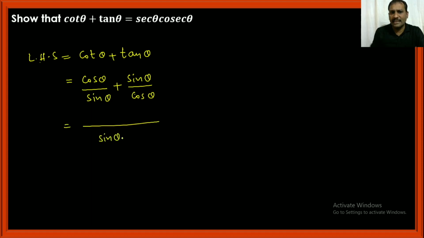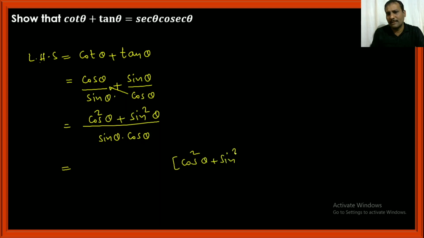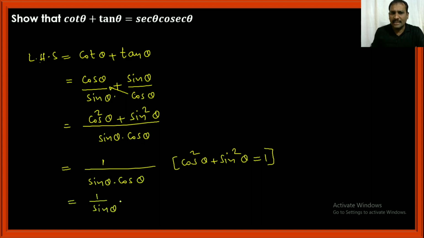LCM is sin theta into cos theta. So this will become cos theta into cos theta, cos square theta, plus sin theta into sin theta, sin square theta. But we know that cos square theta plus sin square theta is equal to 1 from trigonometric identity. So this will become 1 by sin theta into cos theta. And you can separate it as 1 by sin theta into 1 by cos theta.